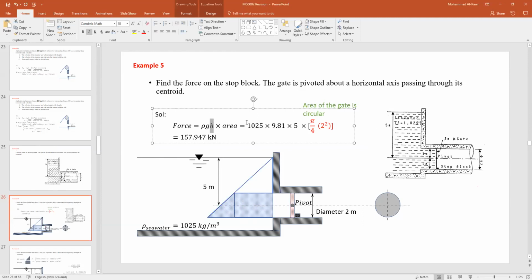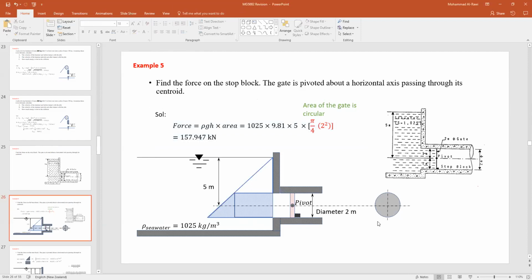So density 1,025 times gravity acceleration 9.81 times 5, which represents the distance from here to there, times the area of the gate, which is circular. Please don't forget that. This is not a rectangular gate. It's a diameter of 2 meters, so pi over 4 times 2 squared. This is a very common mistake from students.